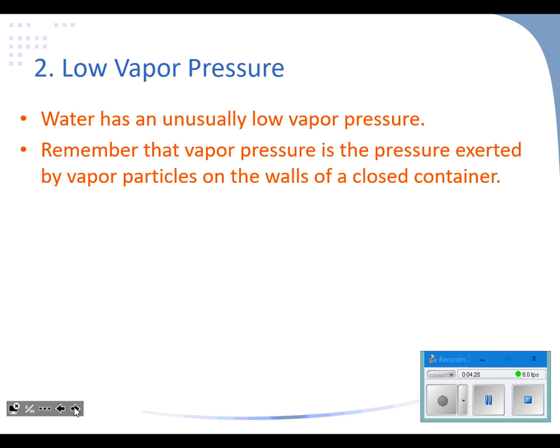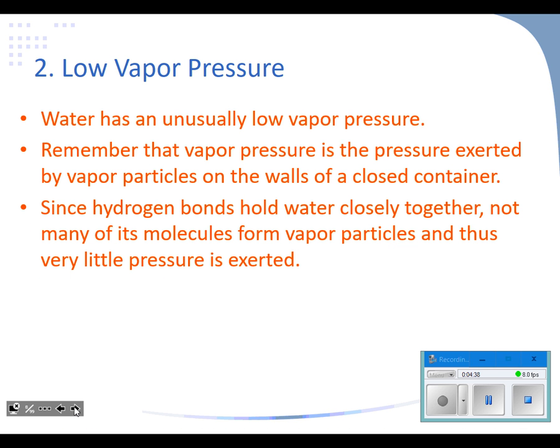Vapor pressure is the pressure exerted by the vapor molecules when it's in a gas form on the walls of a closed container. And since hydrogen bonds hold water really close together, not many of its molecules form vapor molecules. And so very little pressure is exerted when they're in their gaseous form.